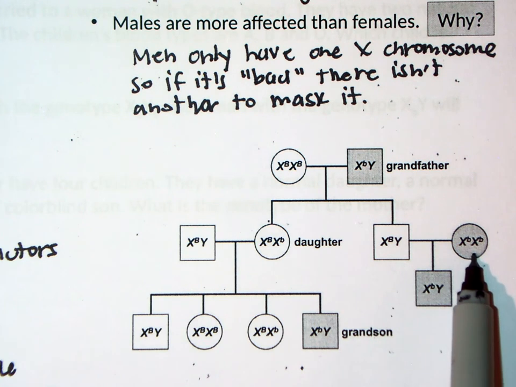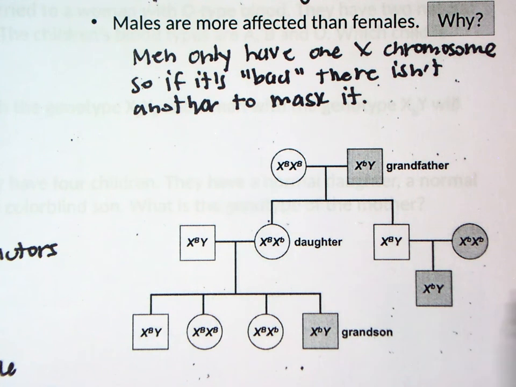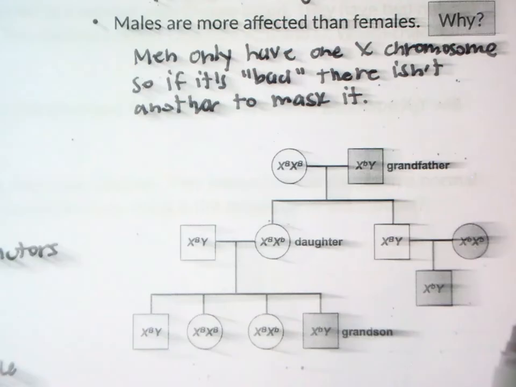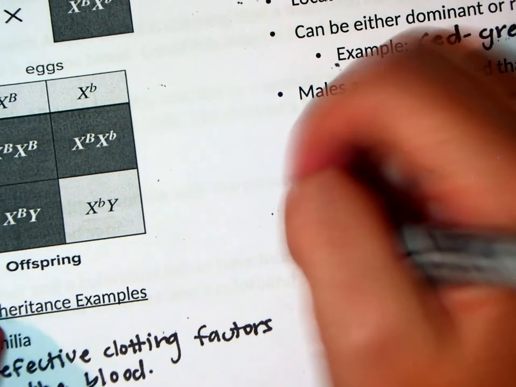But in order for that to happen, you would have to have a colorblind dad and either a colorblind mom or a mom that was a carrier. And their offspring son was also colorblind.